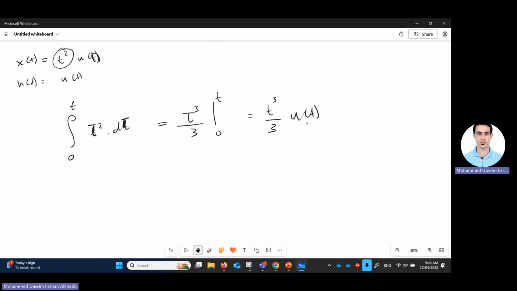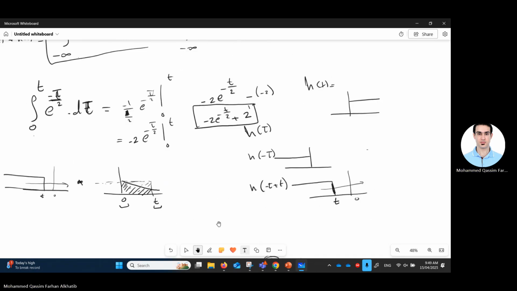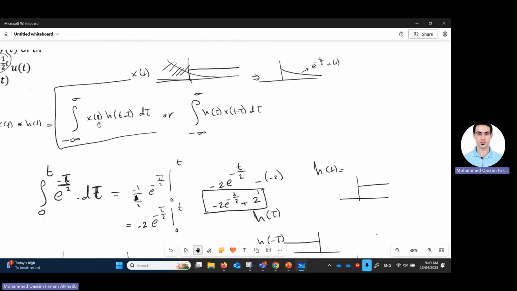Is it clear somehow? No. See, the whole thing for convolution, for both functions, you change the domain into tau because of the integration. So x of tau, h of t minus tau, h of tau, x of t minus tau. So this one you consider in terms of tau, and this is tau.